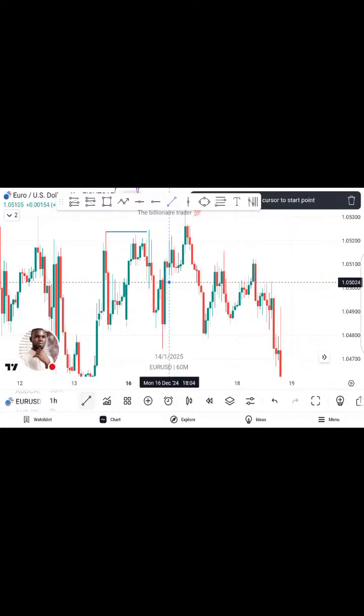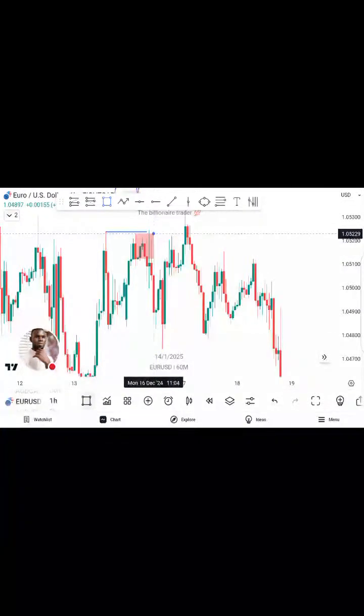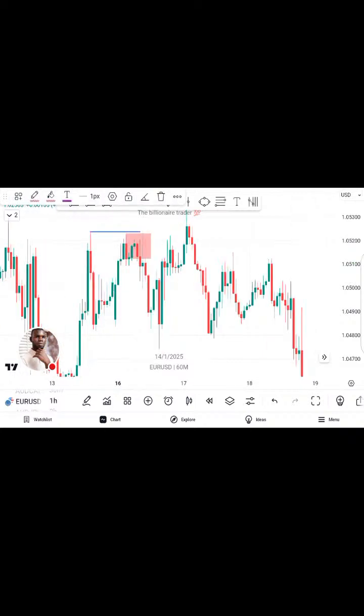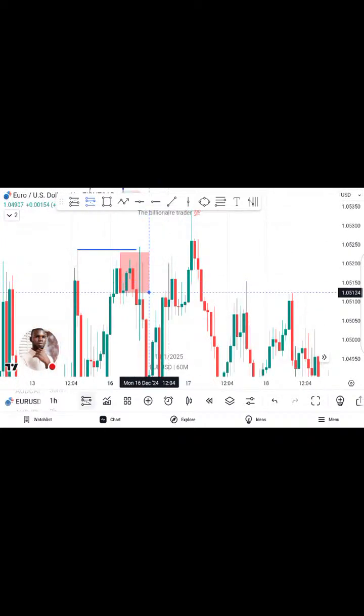So we have the reaction there. This red candle being formed, which is expected to hold after breaking the structure, as you can see.